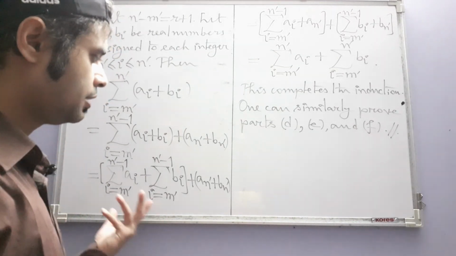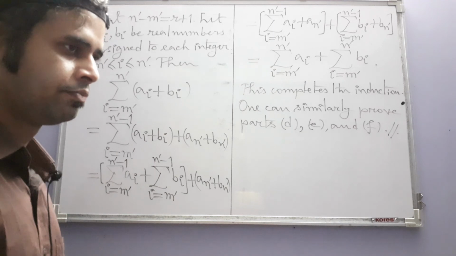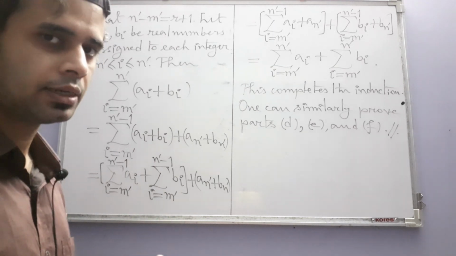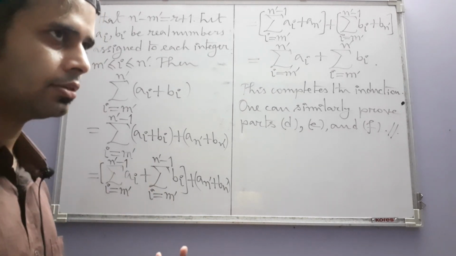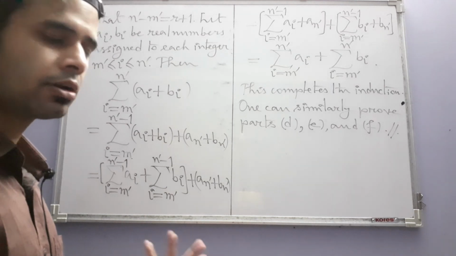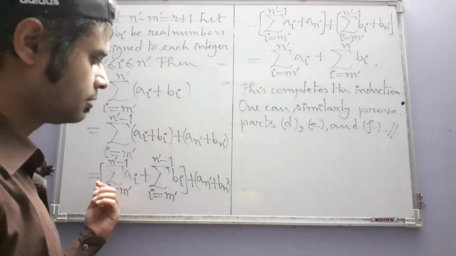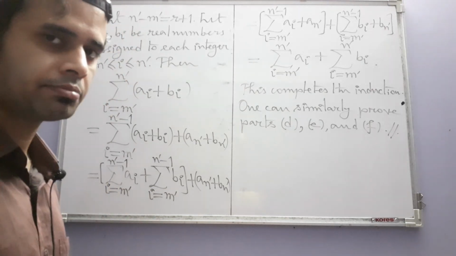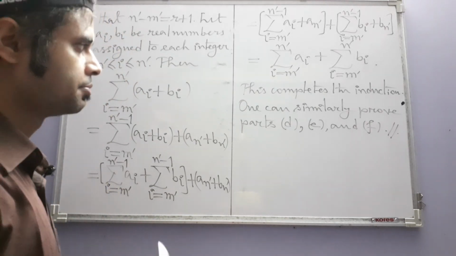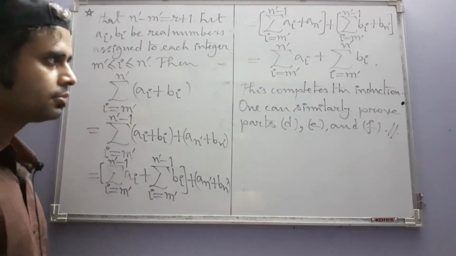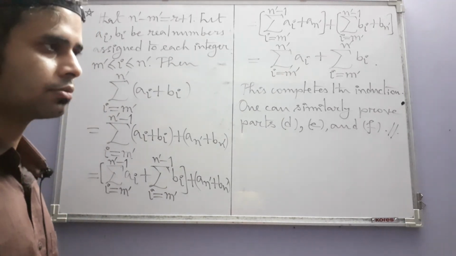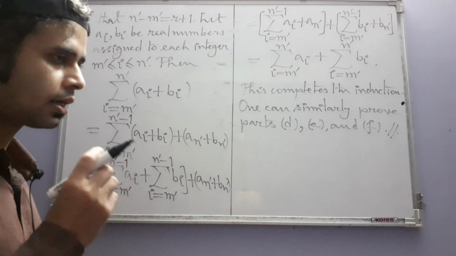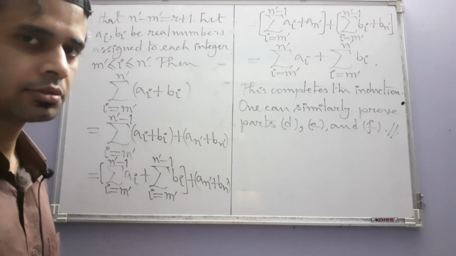So now we know that all the basic properties of finite series, which we have been using for a long time, from the moment we learned about finite series, we can now use them with the certainty that all of them are true.